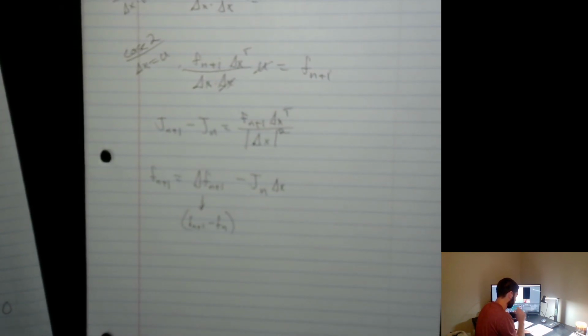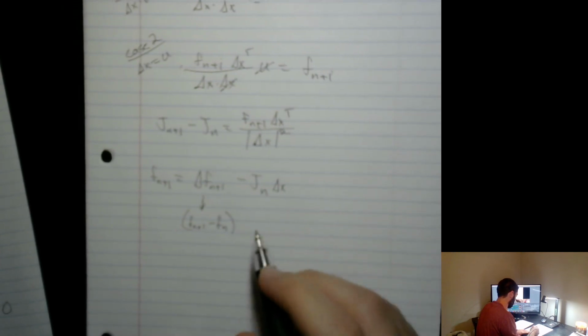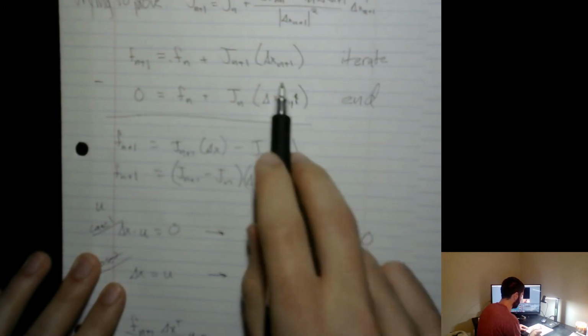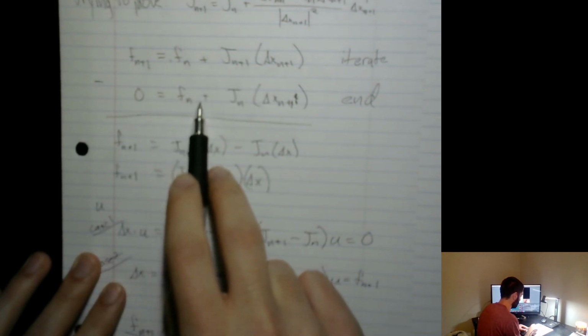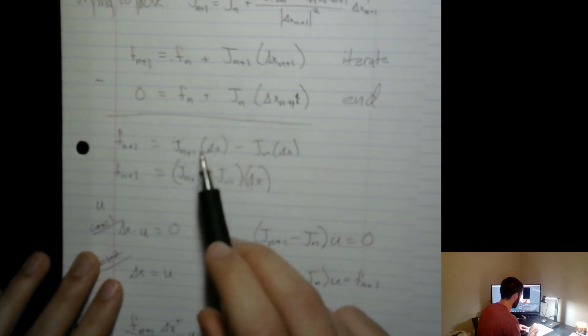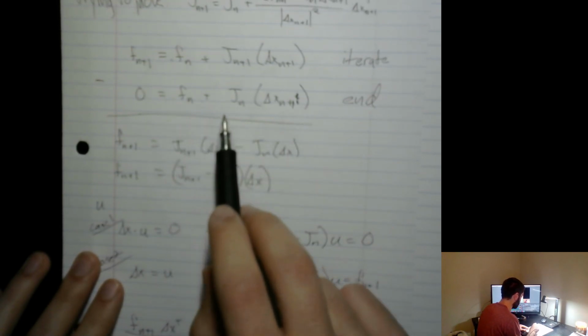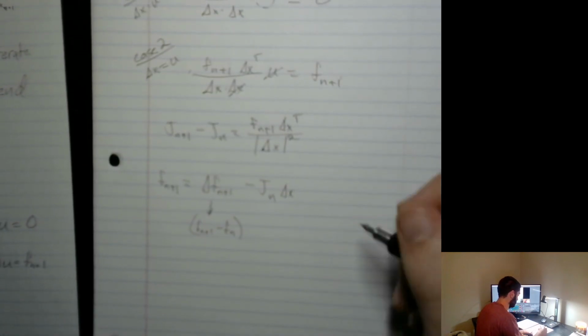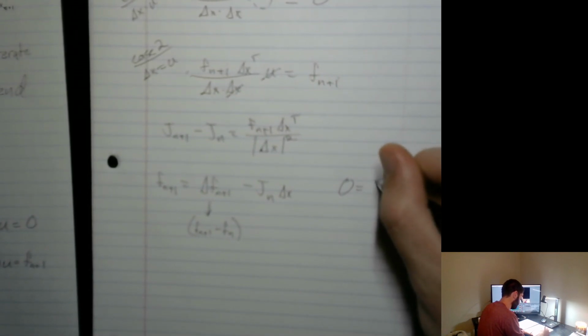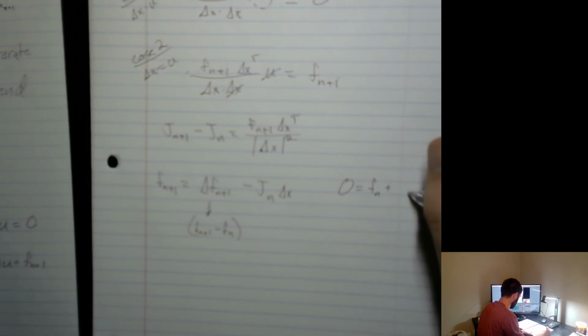So we can do that replacement. And then we can come over here, and with this relationship we made earlier at the end of the Broyden's method, 0 equals fn plus jn times delta x. We can use that relationship, so if I'll rewrite that here, you can see 0 equals fn plus jn times delta x.